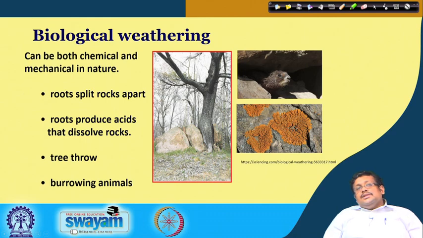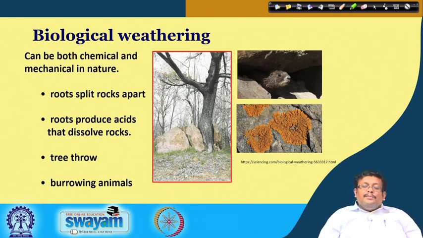Now, this slide shows biological weathering. Biological weathering, as I told you, can be both chemical and mechanical in nature, because as you can see, roots pry apart or split apart rocks, and roots also produce acid that dissolves the rocks.